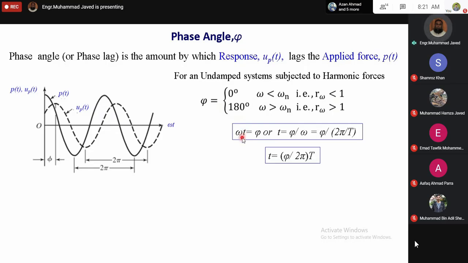So we have the relation omega t is equal to phi, or t is equal to phi by omega.